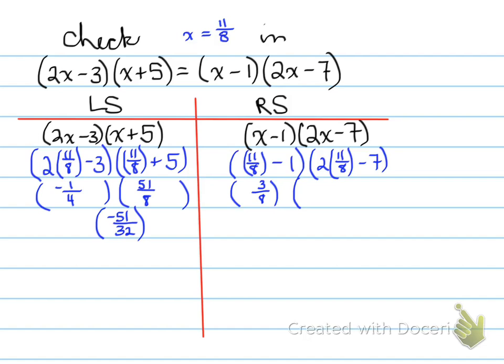And the other side is going to be 2 times 11 over 8 minus 7, which is going to be 11 over 4 minus 7, which is 11 minus 28, which is negative 17 over 4. All right, so we have this now. When we multiply this 3 over 8 times negative 17 over 4, we will get negative 51 over 32.